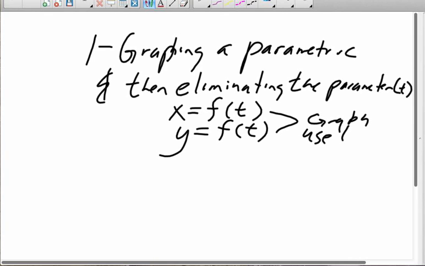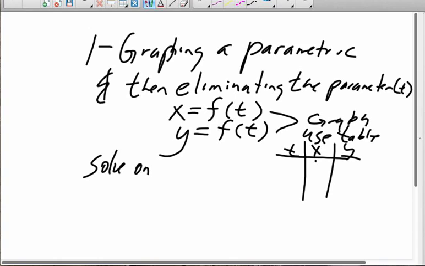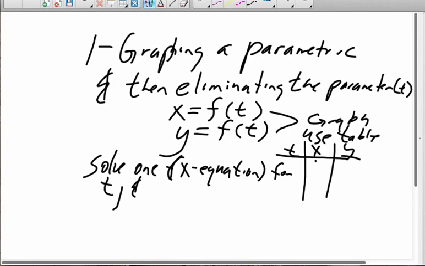And I suggest you use a table like we did before, where you have t, x, y. You plug values for t in, you get your x's and y's. And then eliminate the parameter. You're going to have to solve one, and usually solve the x equation, if at all possible, for t and plug into y.